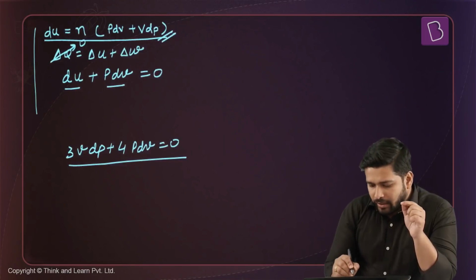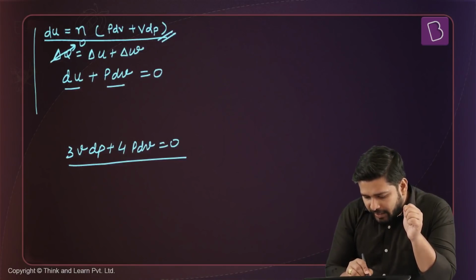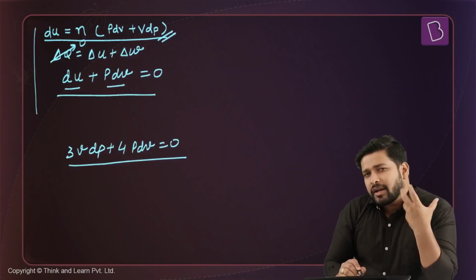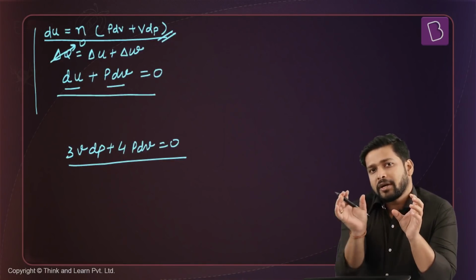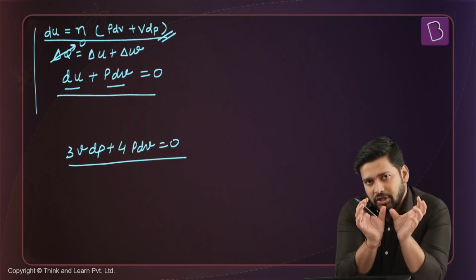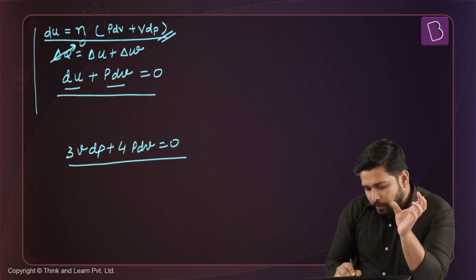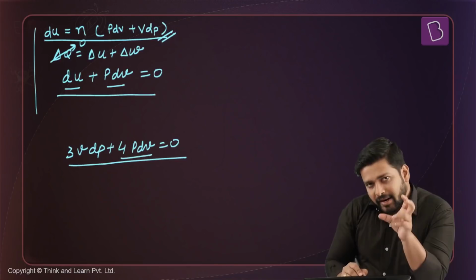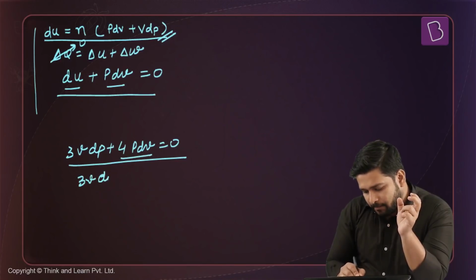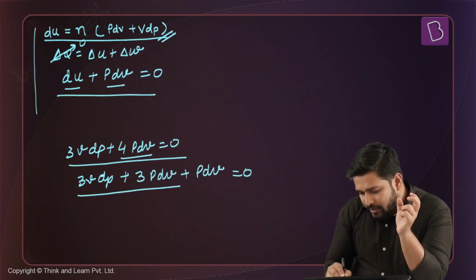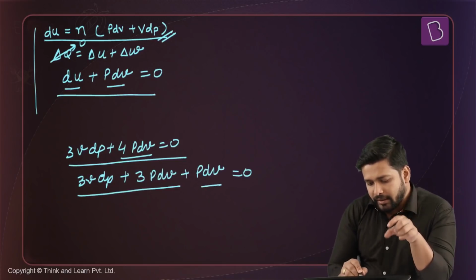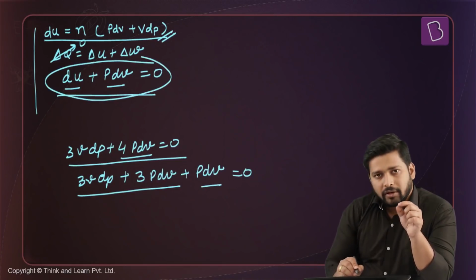Now compare it with the general adiabatic process, where I add PdV to dU. I have got 4 PdVs over here, so if I rewrite this expression as 3VdP plus 3PdV plus PdV equals 0, it is somewhat similar to this equation right over here.